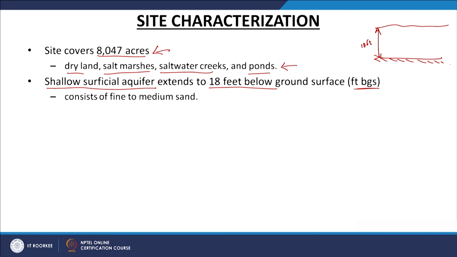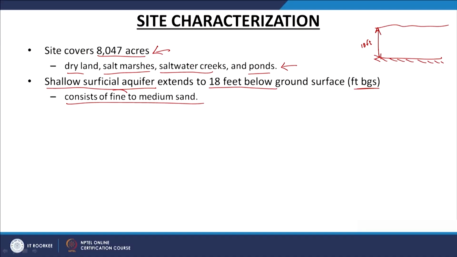So, let us look at what else we have, and this consists of fine to medium sand. So, what is the key aspect here? Typically with medium sand, I guess we do not yet know how fine the sand is, but typically you would expect the permeability or the hydraulic conductivity to be high, right. So, the transport of the contaminant, if any, will be considerably high, and also because it is sand, it will typically not have a lot of organic content, and thus this particular VOC could have been transported through to greater depths.